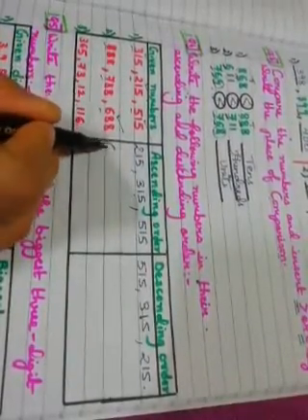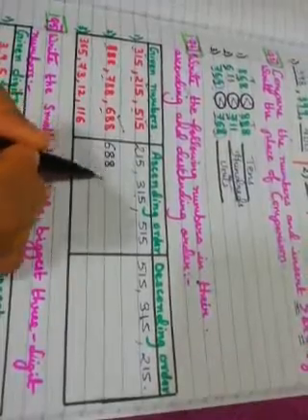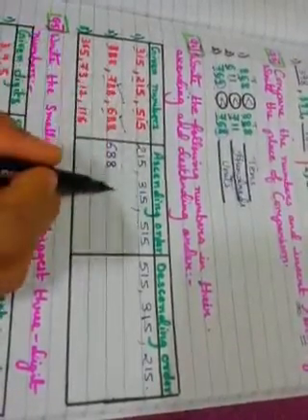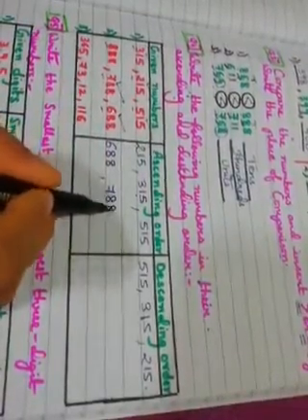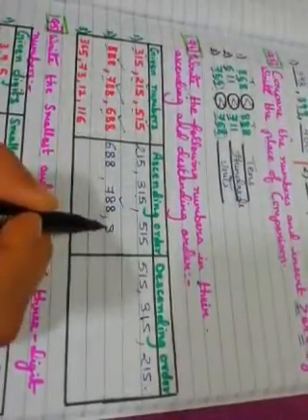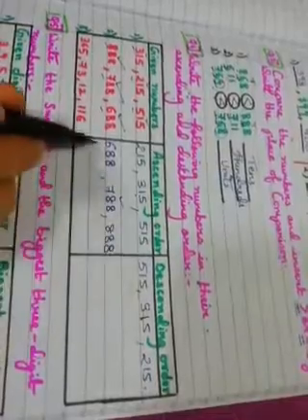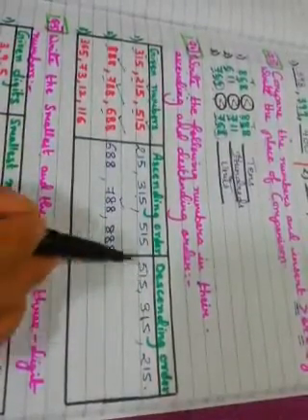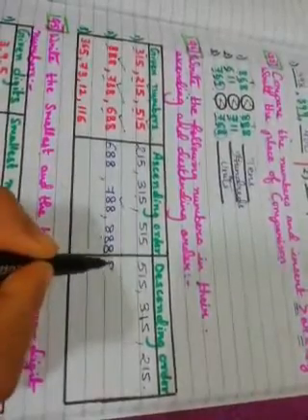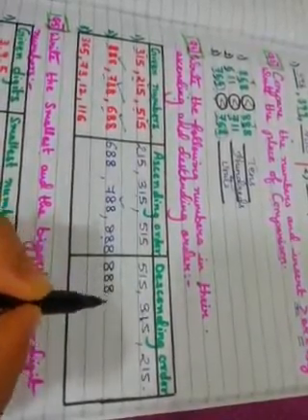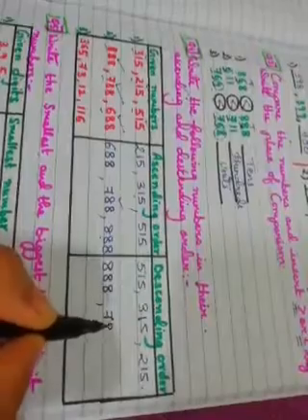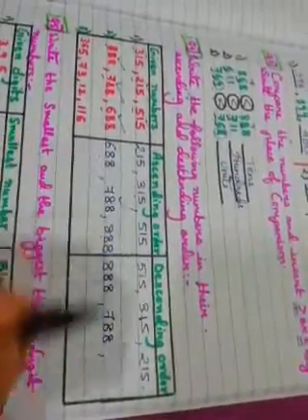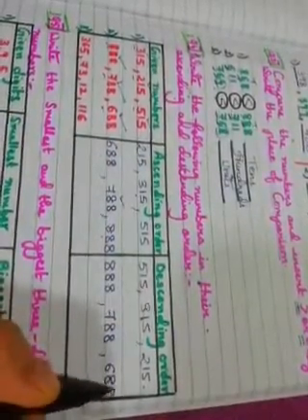So the number is 688, and then 7, so 788, and then 888. This is ascending from smallest to biggest. Descending order, from biggest number you will start 888, 788, and then smallest, that is 688.